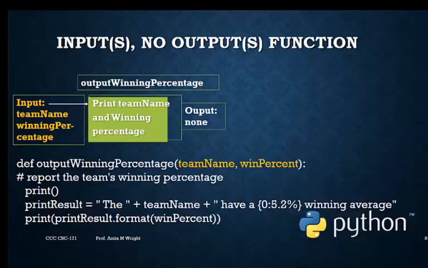It needs information from another part of the program, hence the formal input parameters of team name and winning percentage. Although it will write output to the screen, it does not need to send any information back to the rest of the program. Therefore, it has no return and no specific outputs.